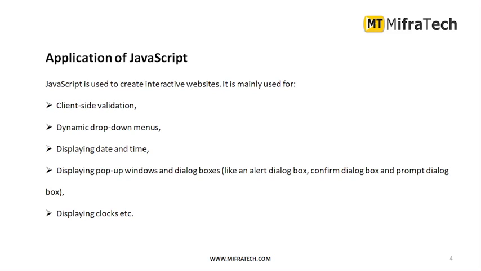This will work when you register a form in a browser. A pop-up dialog box will be displayed saying the registration was successful. It is also used for displaying cookies, and in many more ways JavaScript has been used.